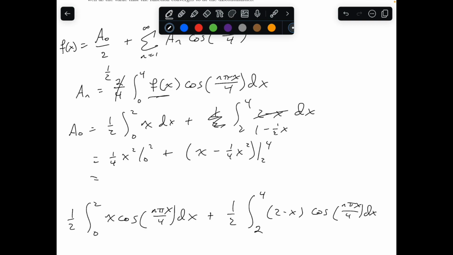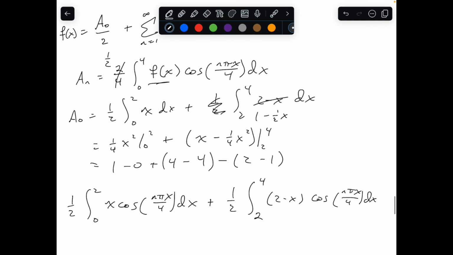And then you plug in your values here. So this would be 4 over 4, which is 1, minus 0. And then plus 4 minus 16 over 4, and then minus, plugging in 2, 2 minus 4 over 4, which is 1. And so you get 1 plus 0 minus 1, which just ends up being 0 in this case.